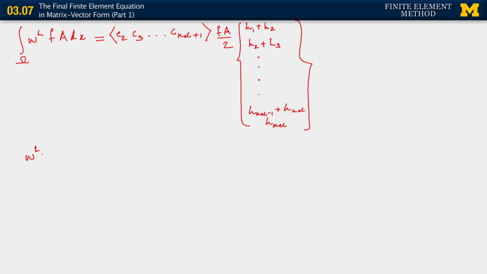The last term was w^h evaluated at L times T A, and this, following the same convention that we've adopted for the other terms, was multiplied by the vector of c degrees of freedom, which properly is the weighting function degrees of freedom, going all the way up to c_{NEL+1}, and the vector that that row vector is multiplying, the column vector here, was filled with zeros all the way up to the very last entry, and in the very last entry we had T A.